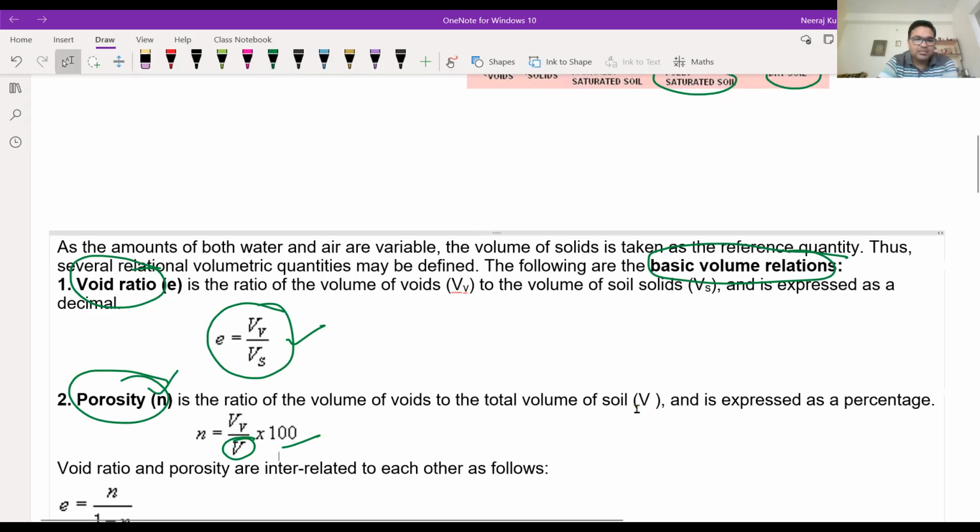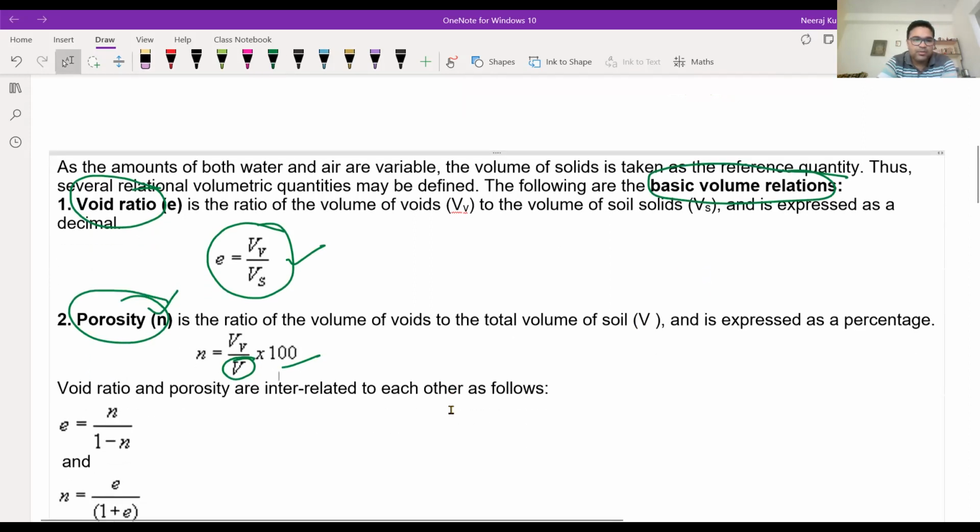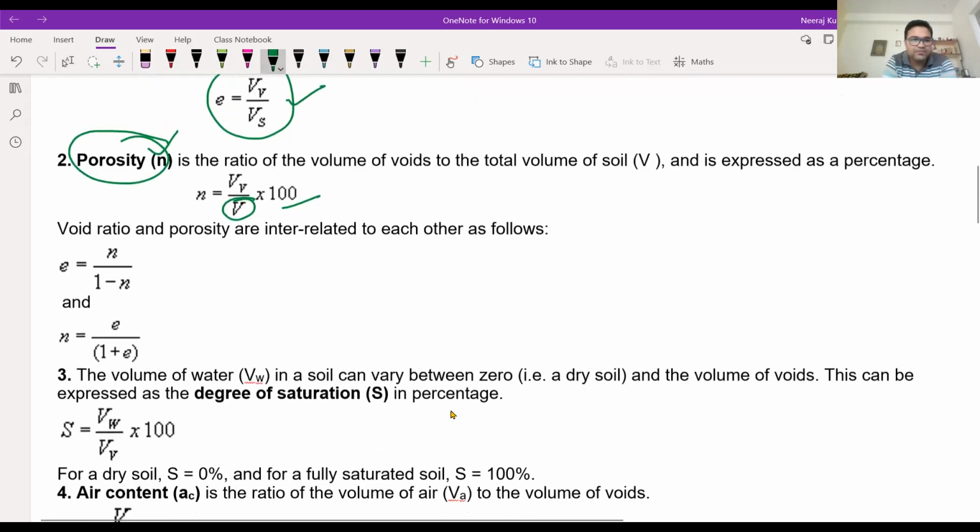And there are some interrelations between void ratio and porosity, so here we have some relations that we can use. I am just showing you some of the relations which we generally use to define a soil and to find out the various parameters of the soil.